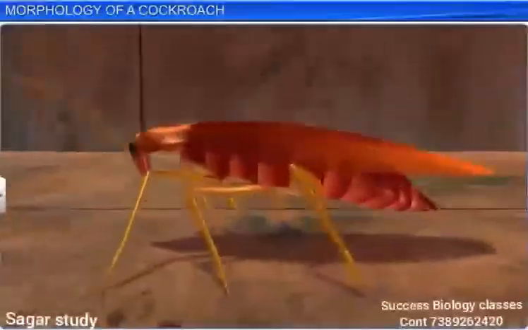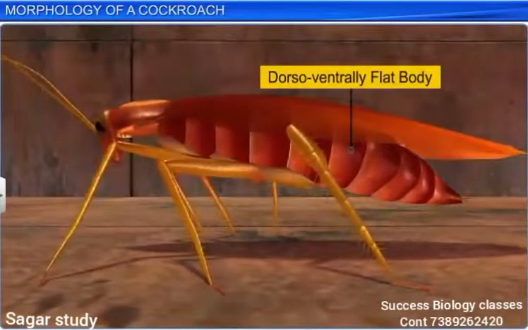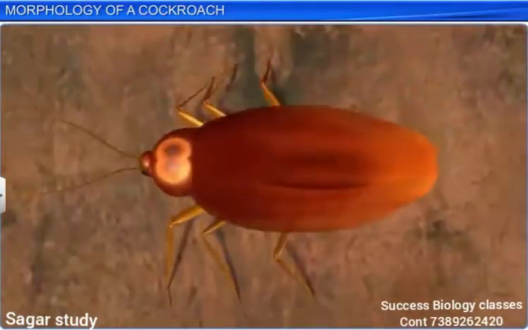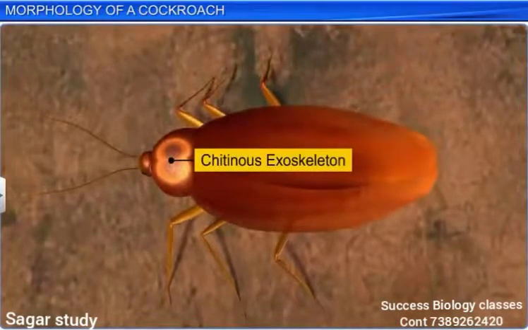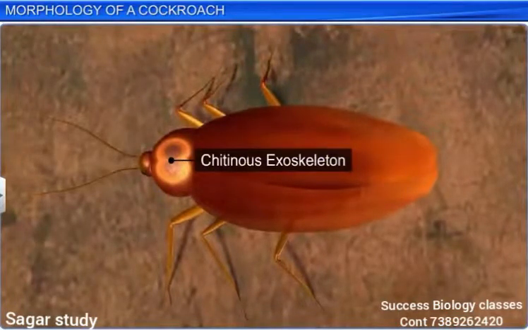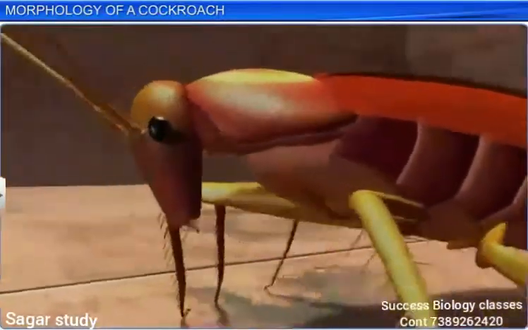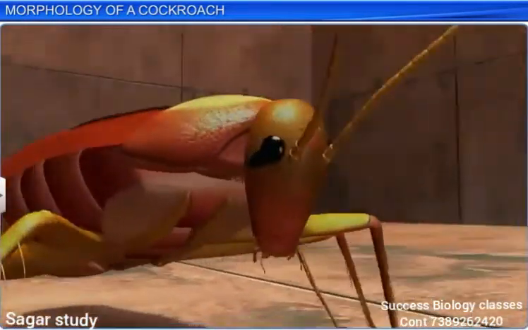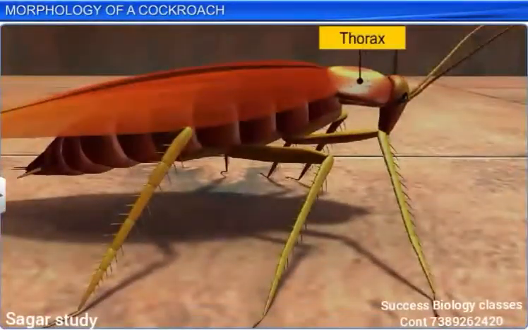The body of a cockroach is dorso-ventrally flattened and is covered in a hard, brown, chitinous exoskeleton. The entire body is segmented and divisible into the head, thorax, and abdomen.